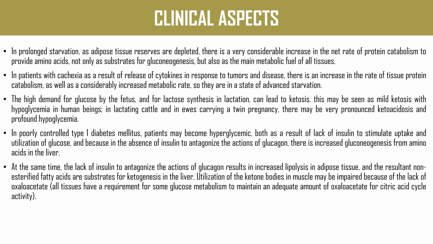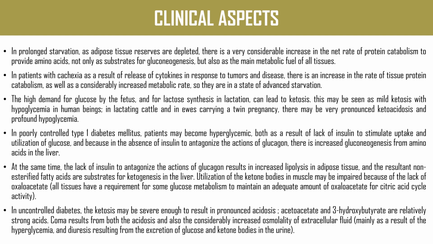At the same time, lack of insulin to antagonize the actions of glucagon results in increased lipolysis in adipose tissue, and the resultant non-esterified fatty acids are the substrate for ketogenesis in the liver. Utilization of ketone bodies in muscles may be impaired because of the lack of oxaloacetate.